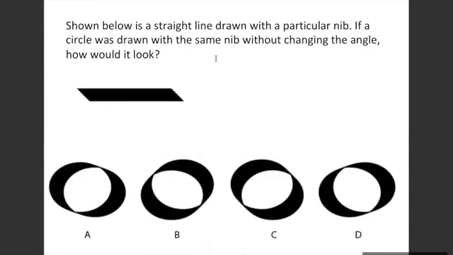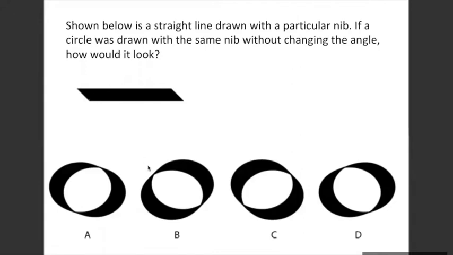So you're given a pen, a nib, and using that nib, when drawn in a straight line direction, what we get is this kind of stroke, which is seen here. Now, without changing the angle of the nib, the nib is kept at the same angle.